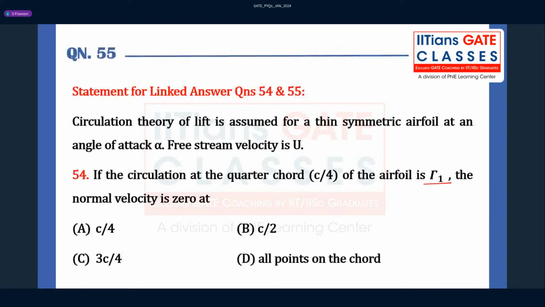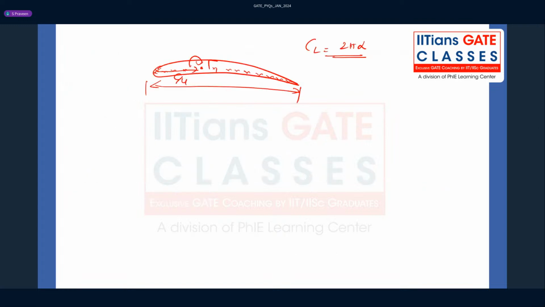If you go back in here, normal velocity is basically this one. What does the circulation do? If I try to draw a flow field pattern, let this be the singularity. Before this you will have an upwash flow, if I draw the streamline patterns like this, and across this you'll have a downwash pattern resembling something like this.